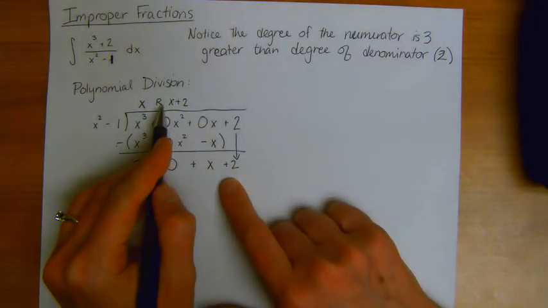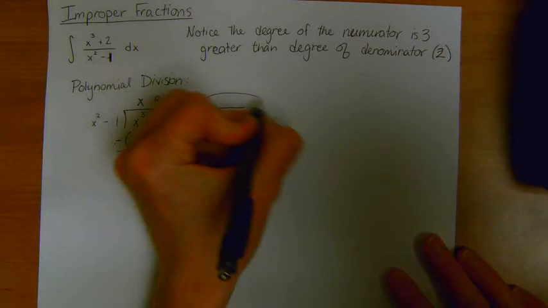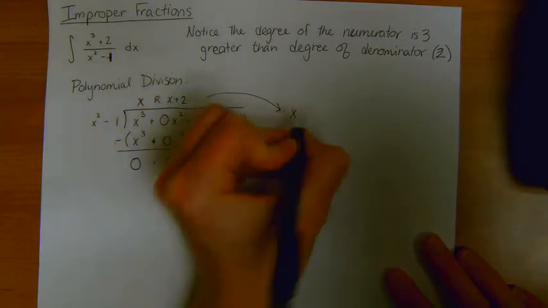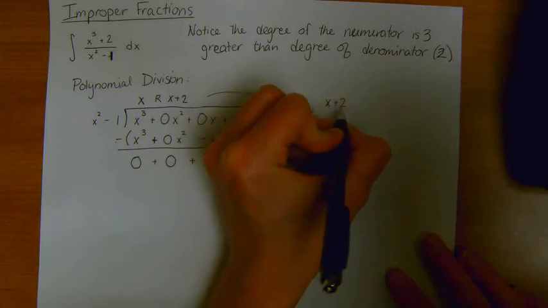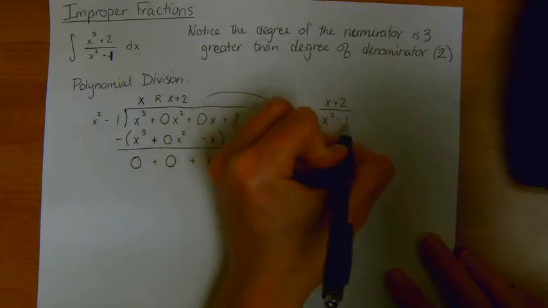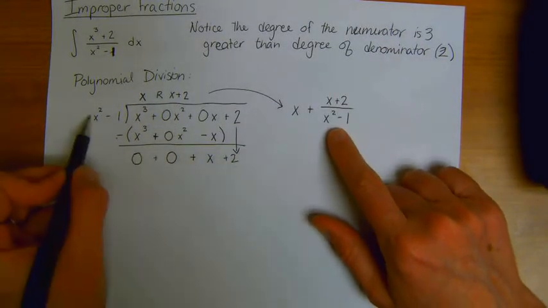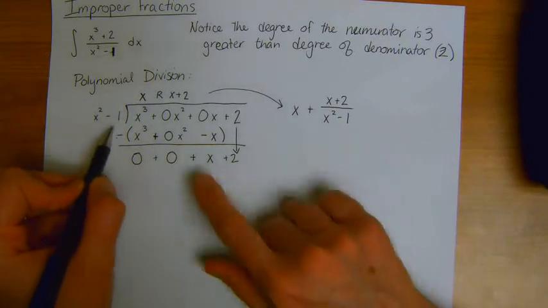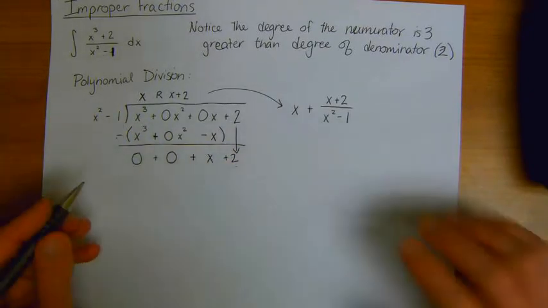That's a funny looking remainder. How do we rewrite this in conventional mathematics? This can be rewritten as x plus 2 divided by x squared minus 1, right? Because this remainder is the number of pieces of x squared minus 1 that were left over after the division process.